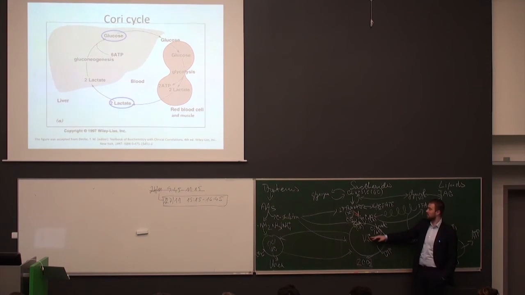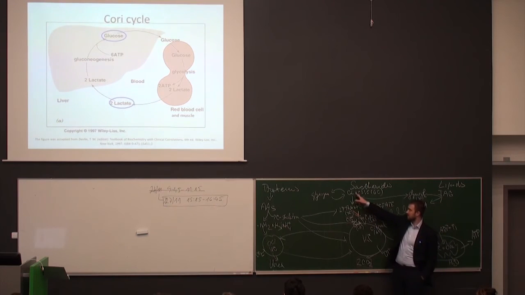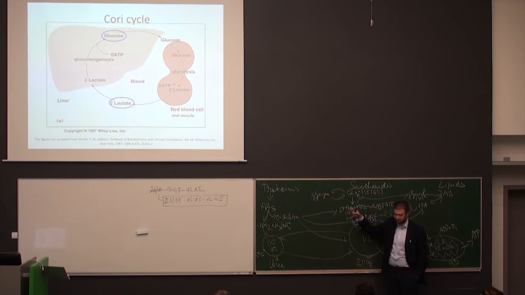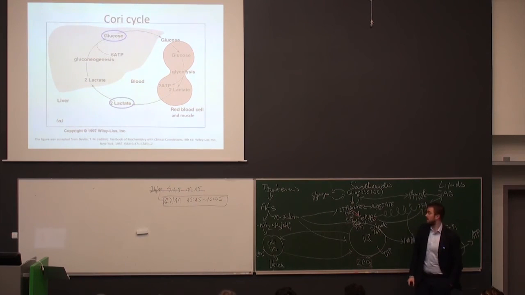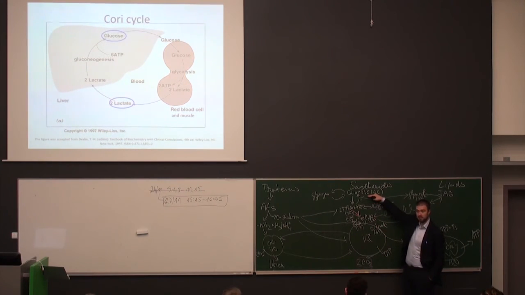Then unfortunately, the only source of energy is the glycolysis, where you produce 2 ATPs, and the pyruvate must be converted to lactate, and the lactate is released into your bloodstream. What's the problem with the lactate is that glucose is a neutral compound, no effect on pH, but lactate is the salt of an acid.